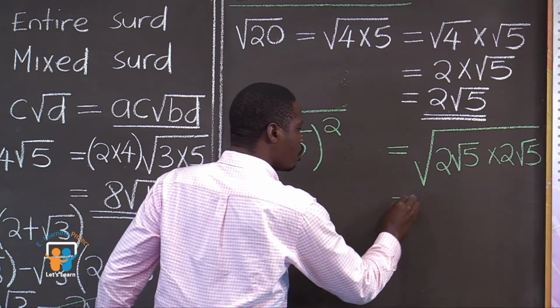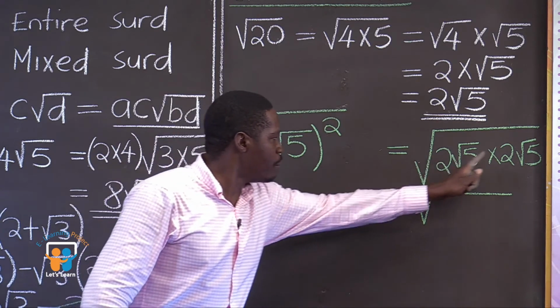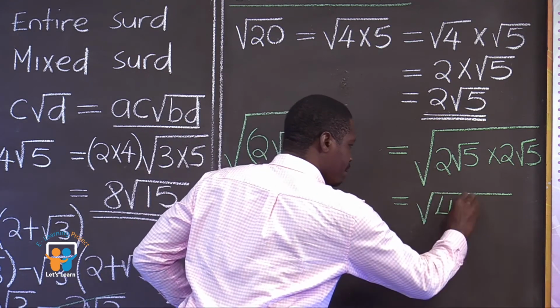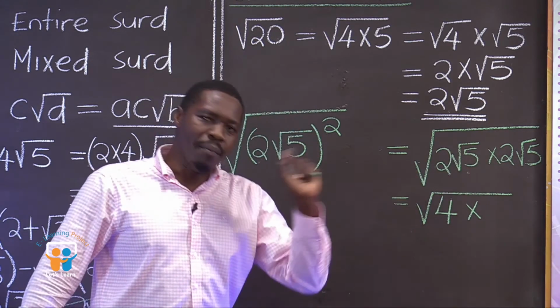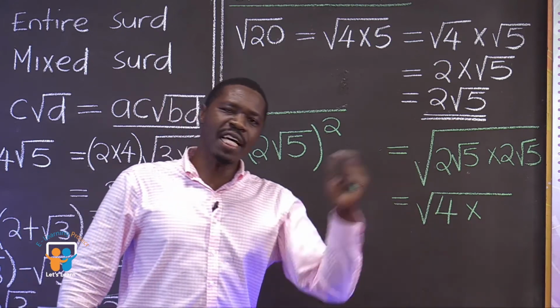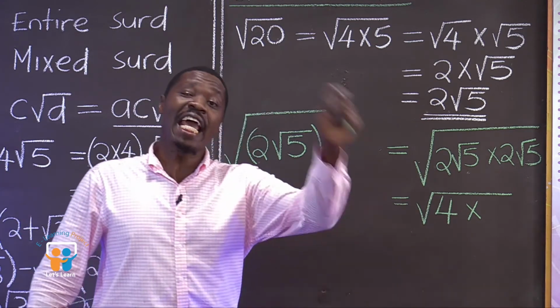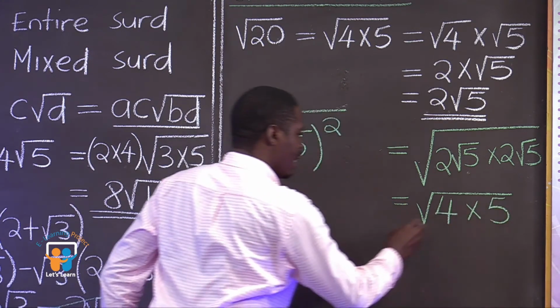This will equal the root of 2 times 2, which gives you 4, times root 5 times root 5. Remember, root 5 times root 5 gives us the root of 25, but the root of 25 gives us a 5.